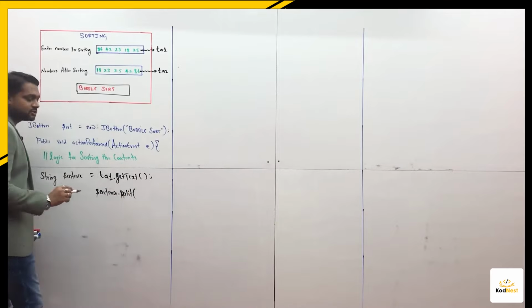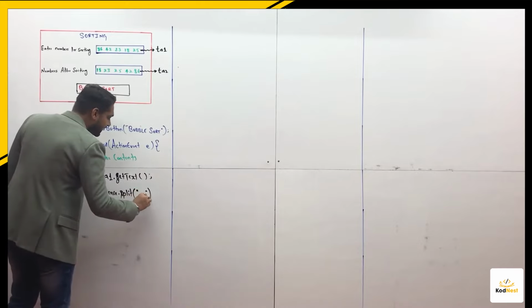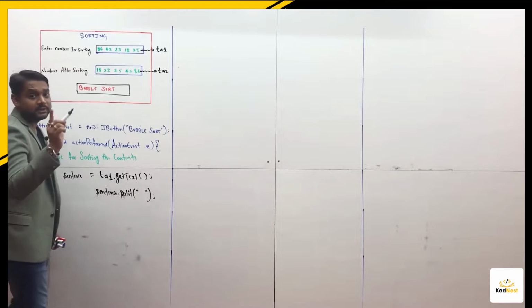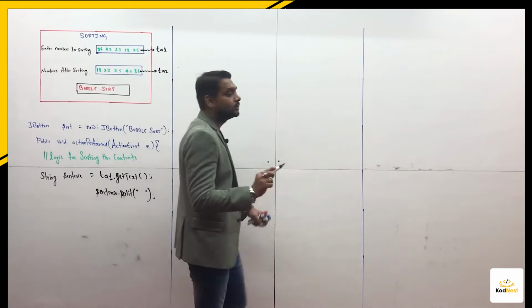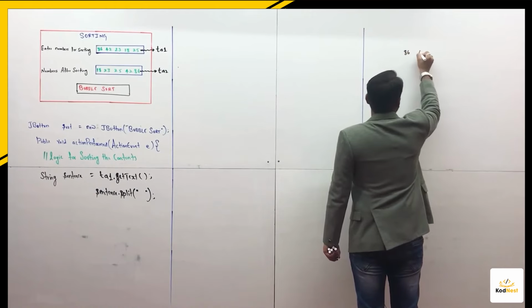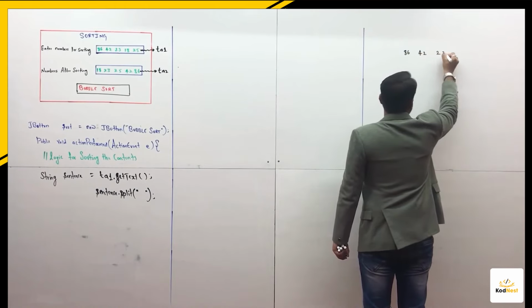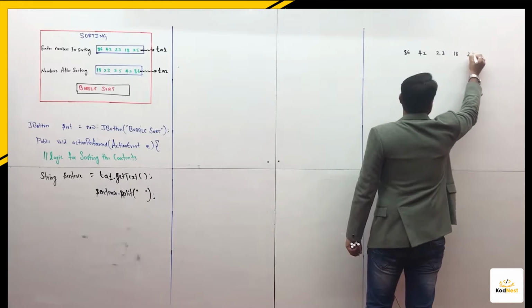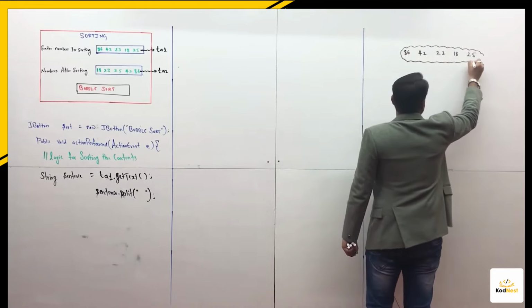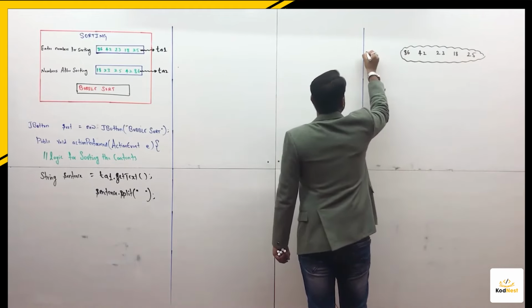If you ask me, sir, where will you split? Wherever we have space. What would happen when you split? You know it better now. You should not tell me you don't know. You have one sentence now like this: 86, 42, 23, 18, 25. This is one string that you have collected in sentence.